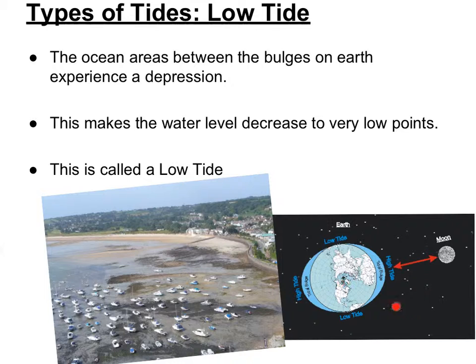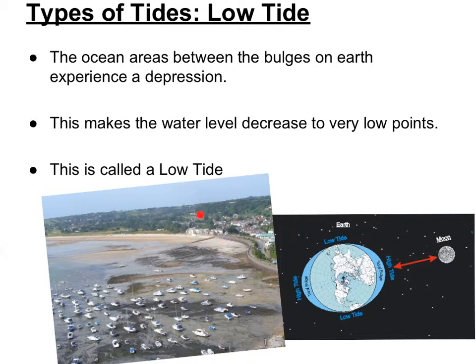So if we look at this picture in the bottom right-hand corner, again, we're going to reference those high tides or those tidal bulges that face the moon or that are opposite of the moon. So the low tides are the areas in between those two bulges.